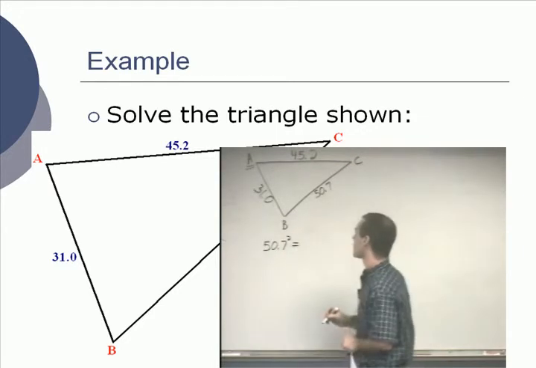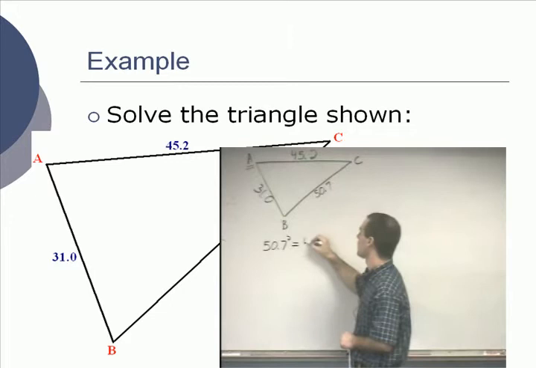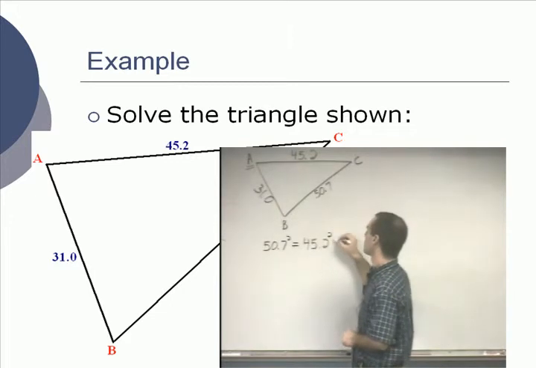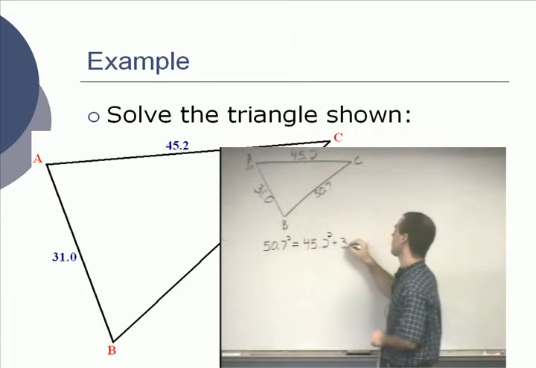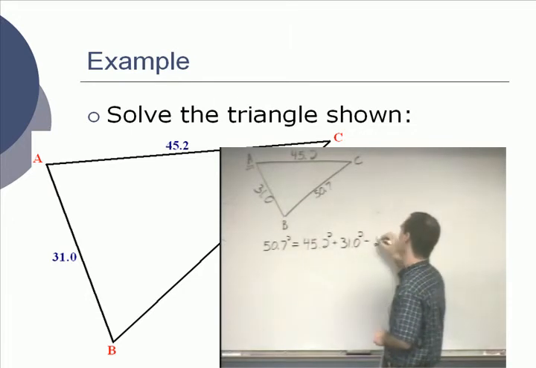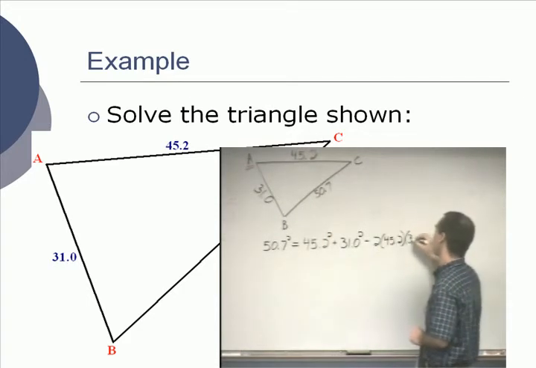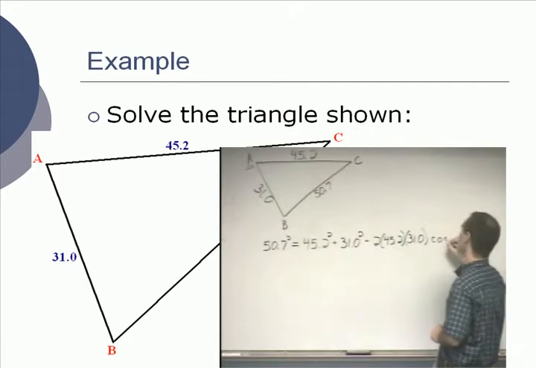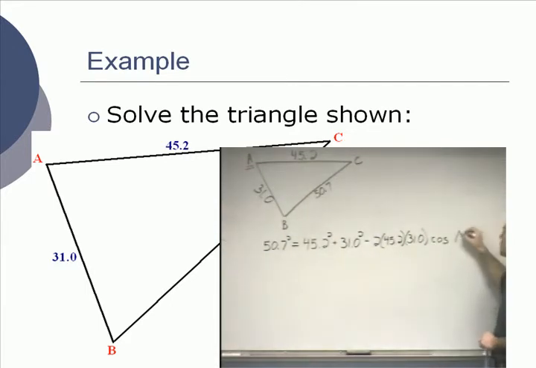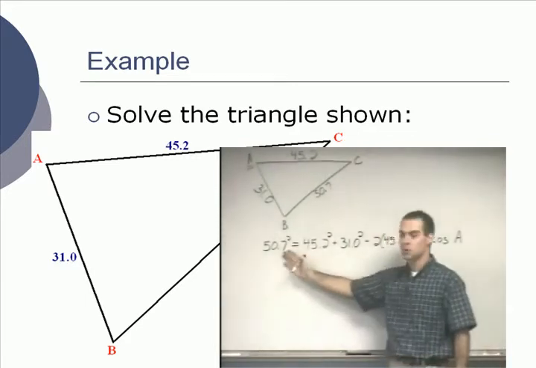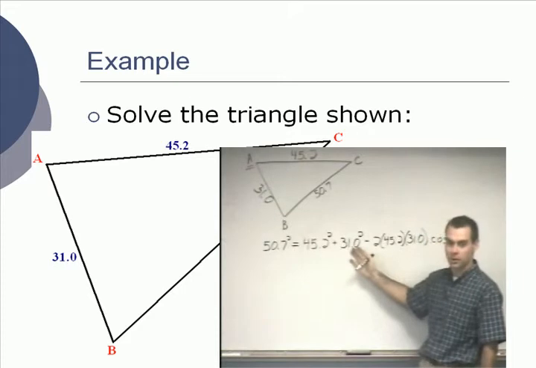That's going to be equal to the left side squared, which is 45.2 squared, plus the right side, the only one left, 31.0 squared, minus 2 times the left times the right times the cosine of A. Okay, well, now there's a little algebra to do. We got to solve for A. So we should take 50.7 squared, subtract off 45.2 squared, and 31 squared.